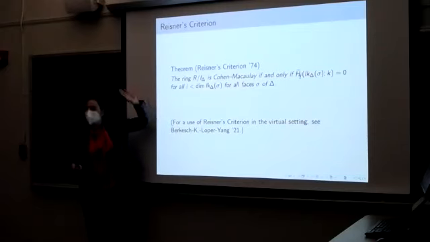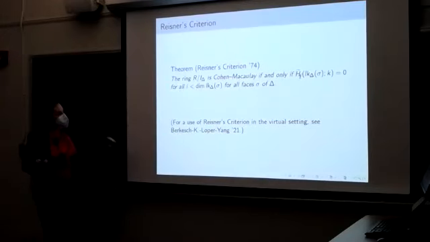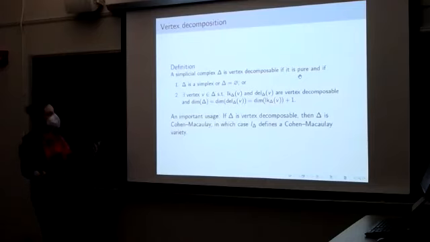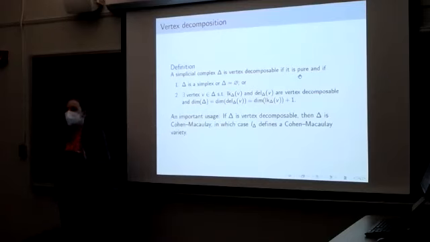So one thing we can do is take the simplicial complex, do some topology, and find out if our ring is good. Another strategy is what's called vertex decomposition. So take your simplicial complex, break it into link and deletion.